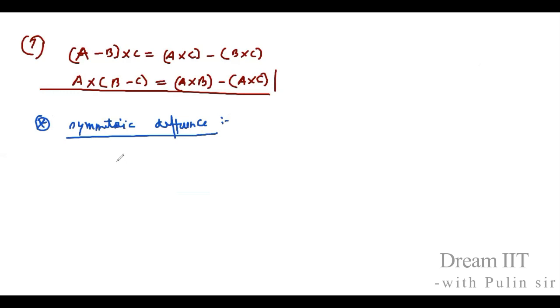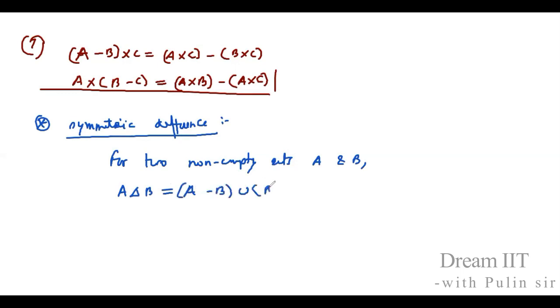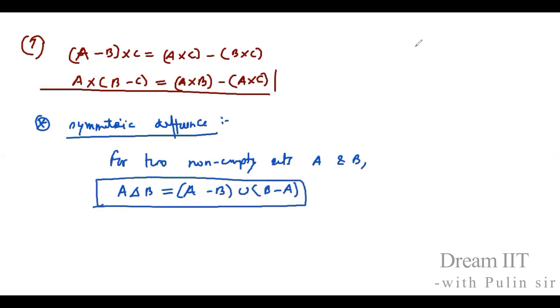For two non-empty sets A and B, A symmetric difference B, for which a triangle, delta, is written as the symbol, is the union of A minus B and B minus A. This is called a symmetric difference.